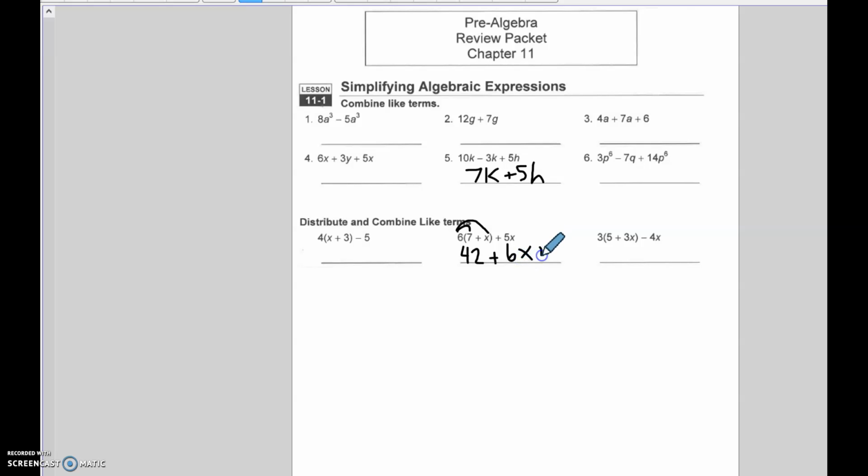I have 6x and 5x, and both are positive. I look to the left and yep, that's positive, and yep, that's positive. So I'll add that together, and I have 11x plus 42. The reason why I put 11x first is because usually the variable goes first. If you have that backwards, that's okay.